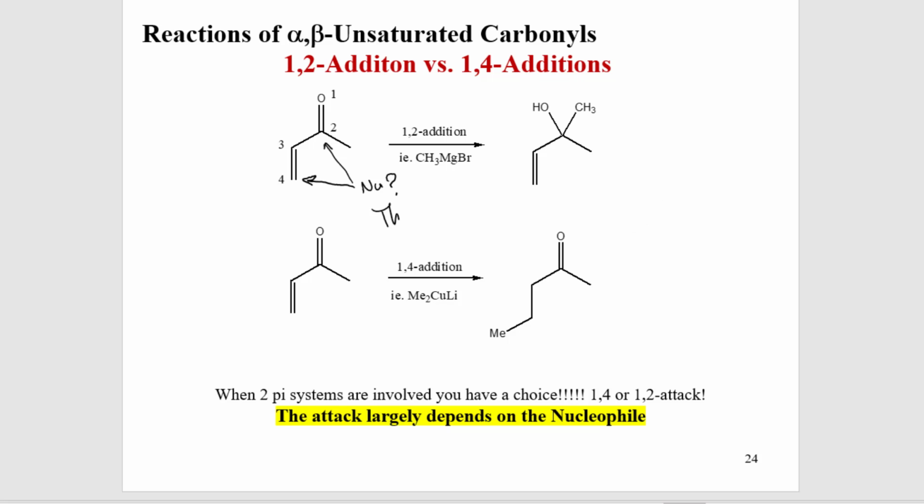This is a regioselective issue. Because if you consider it one massive functional group, you're not sure which region of the functional group your nucleophile is going to attack. So that's what I wanted to discuss next.